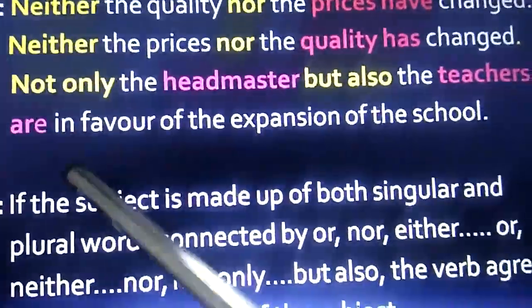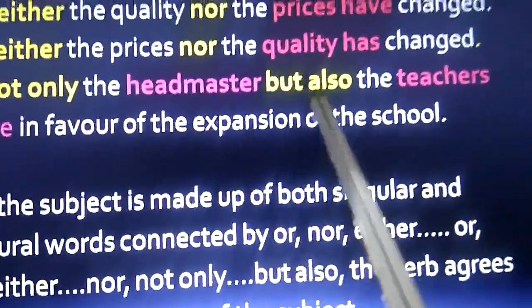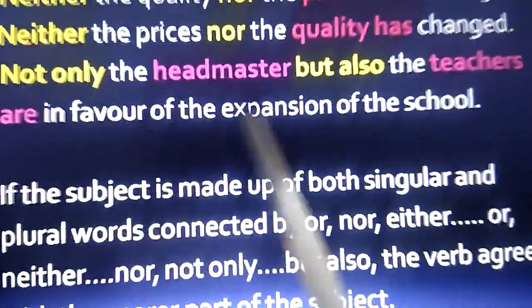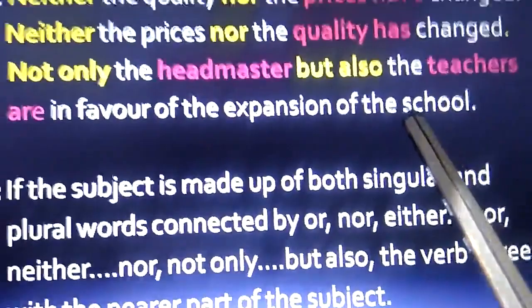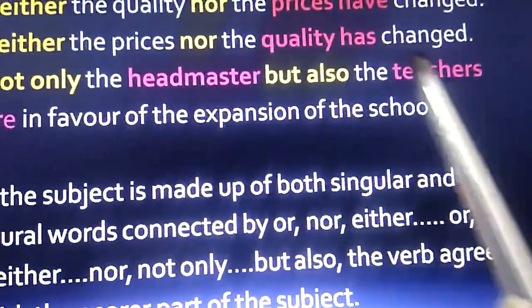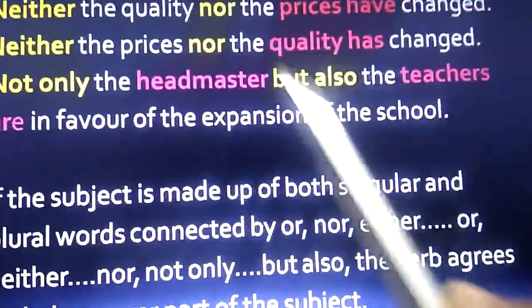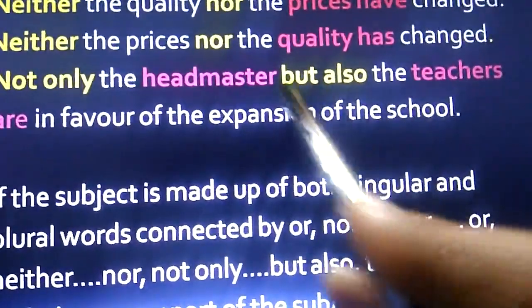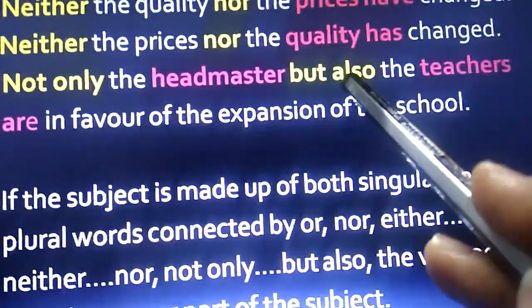See, in the second sentence, not only the headmaster but also the teachers are in favor of the expansion of the school. Not only but also is a connective which we have used to connect one singular and one plural subject. Like we are connecting one singular noun and a plural noun by using the connective not only but also.